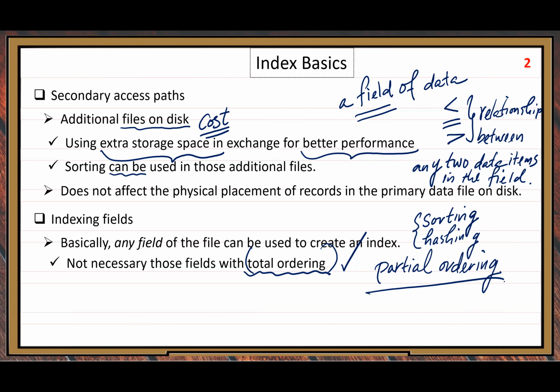Sometimes we can do the comparison, sometimes we cannot. Sometimes when you compare, you cannot get less than, equal, or greater than; you won't get any one of the three possible relationships. That's partial ordering.